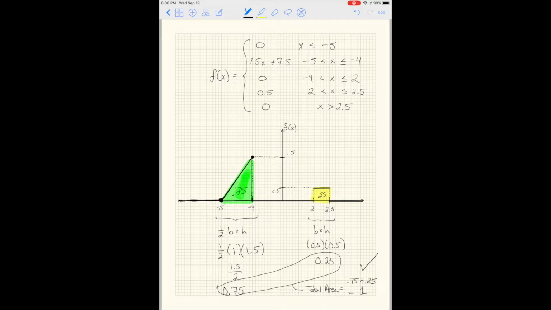And then together, the total area is 1. All right.